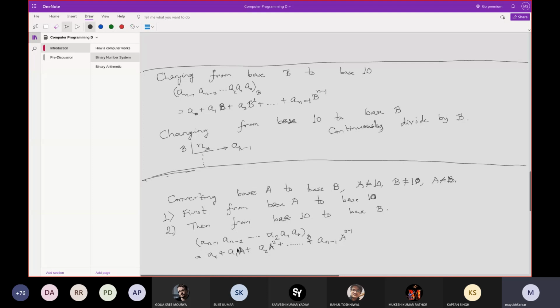If you somehow knew how to do this addition and multiplication in base B as well, you would be able to convert directly from base A to base B. But we do not know how to do this in base B not equal to 10.